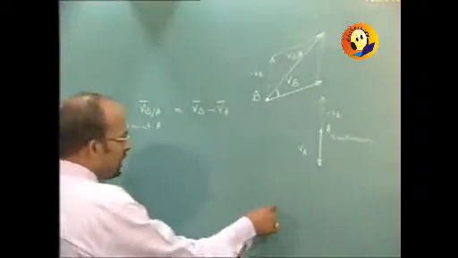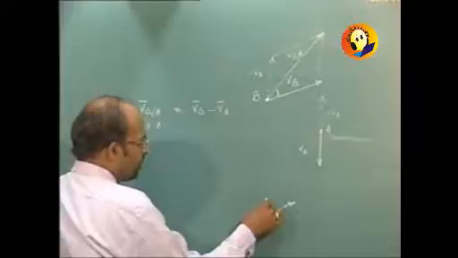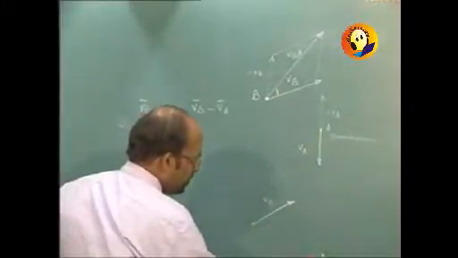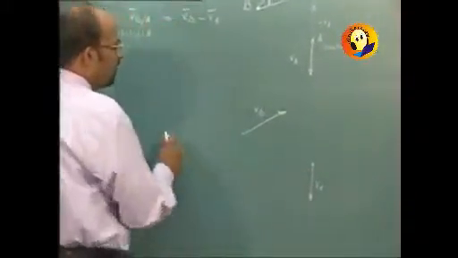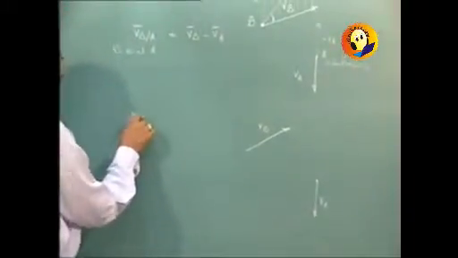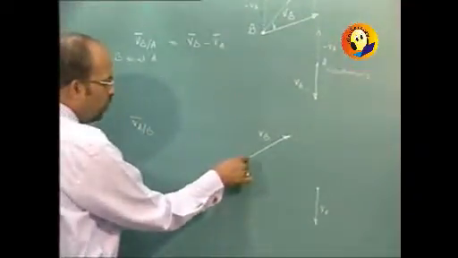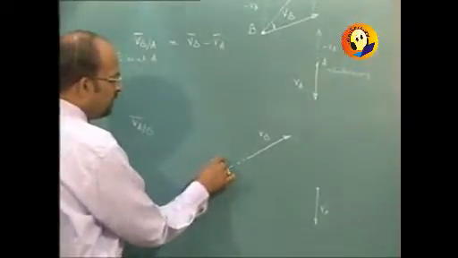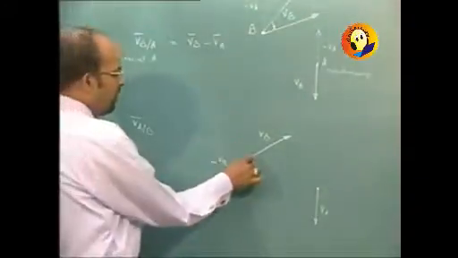Exactly on the same lines, say when this was velocity of B and we have object A, its velocity is VA, and if we are required to find velocity of A with respect to B, then we are required to make B stationary by applying the velocity minus VB, so that net velocity of B will be 0.